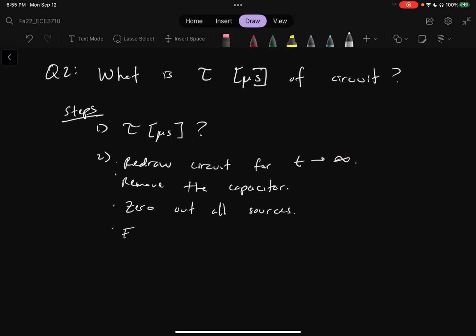Then we need to find R Thevenin, which is equal to R equivalent between nodes created by removing the capacitor.